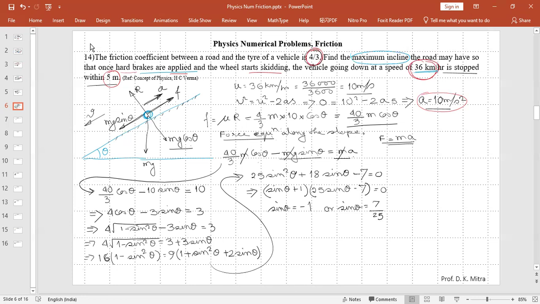Now, what is sin theta equal to minus 1? Sin inverse of minus 1 is equal to minus 90 degrees. That means it indicates that the slope is vertically downward, which is absurd. Ignore.